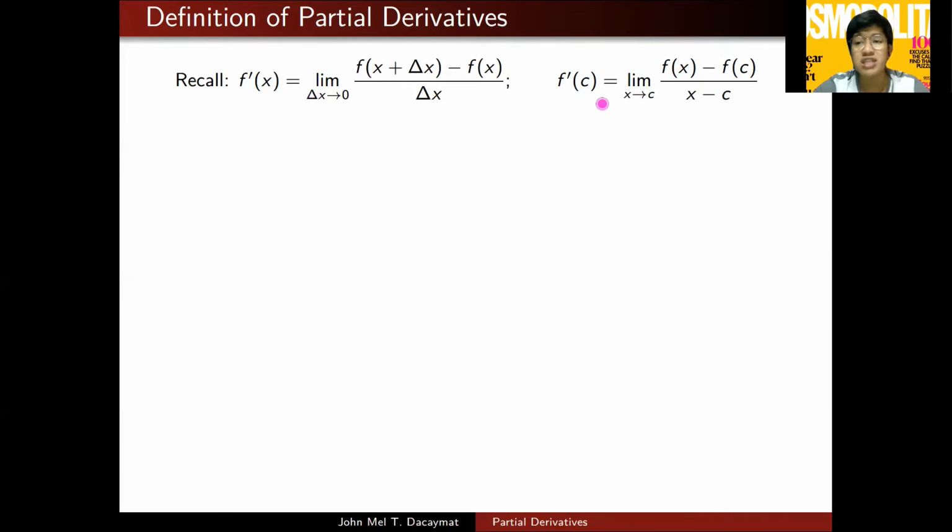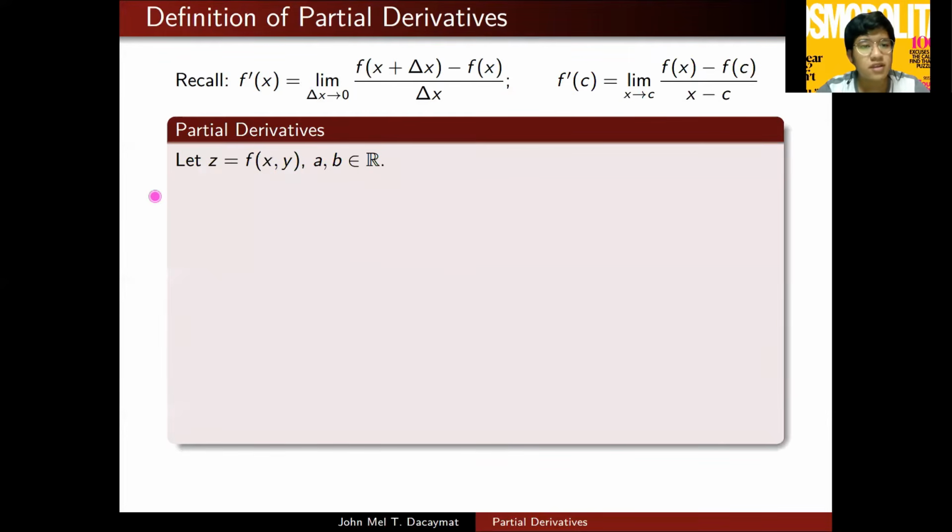Yung ating partial derivatives also has equivalent limit definitions. So if you have a function z equals f of x, y, yung partial derivative with respect to x is defined by this limit. Very similar lang doon sa limit sa real valued function, except nagkaroon lang ng y, but y remains untouched.